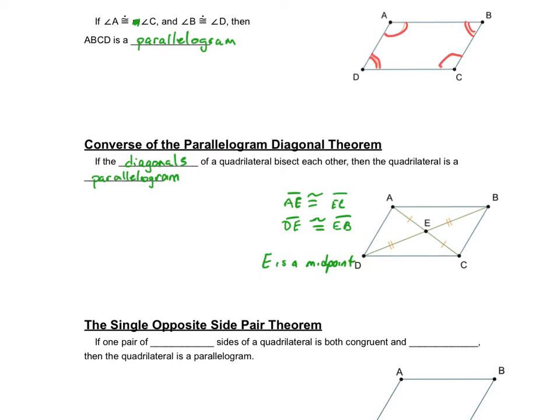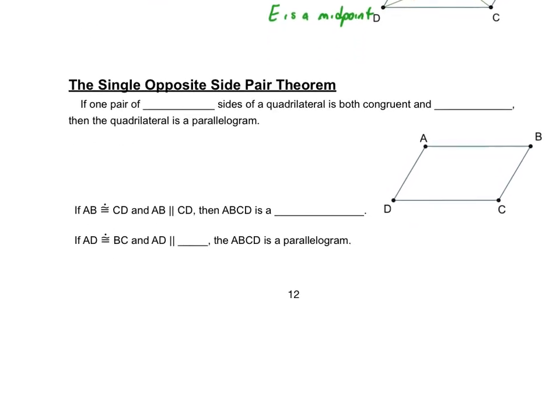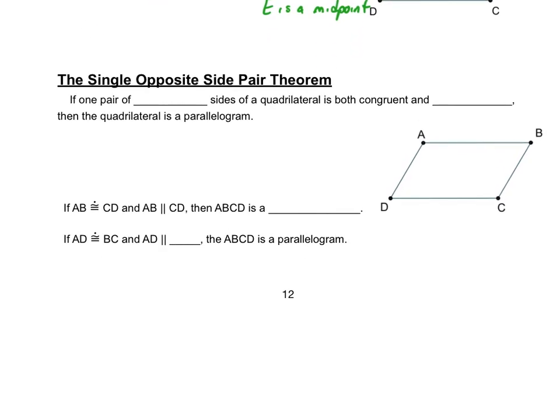As we move on, we're going to talk about the single opposite side pair theorem. If one pair of opposite sides of a quadrilateral is both congruent and parallel, then the quadrilateral is a parallelogram.